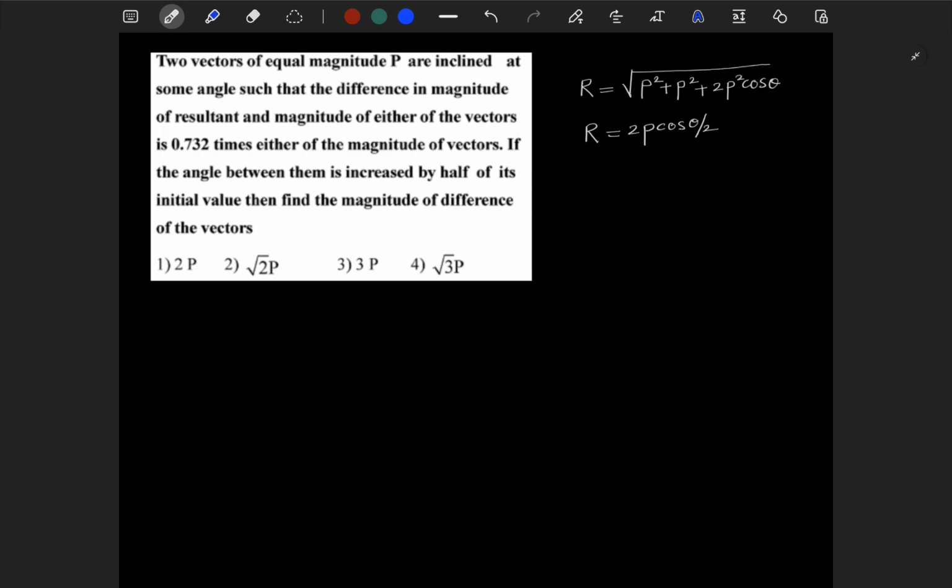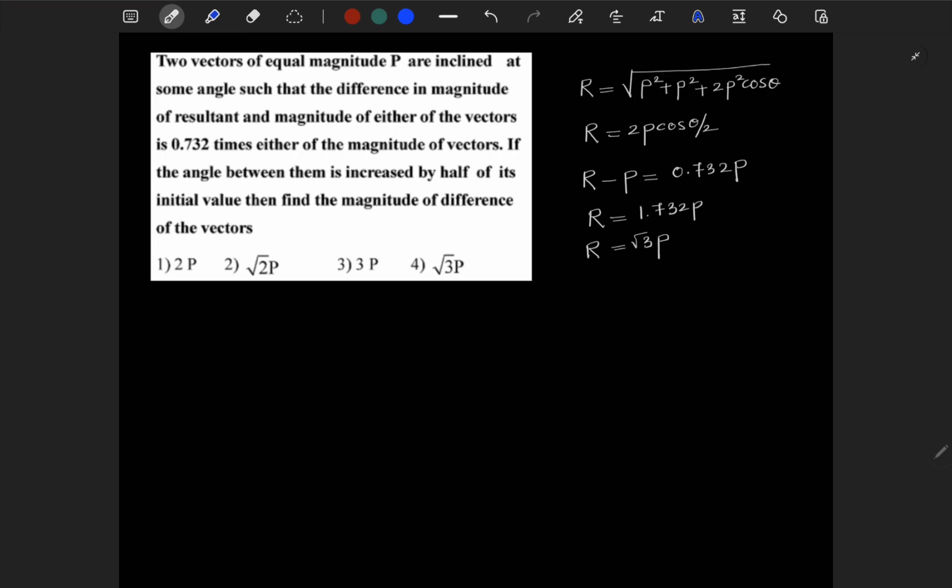Some angle, the condition is given that the difference in magnitude of resultant and magnitude of either vector is 0.732 times either of the magnitude of the vector, which is P. So in short, you can write R is equal to P, minus P goes the other side, becomes plus P. So you have 1.732 P. So then the resultant R would be root 3 times P, because the value of root 3 is 1.732.